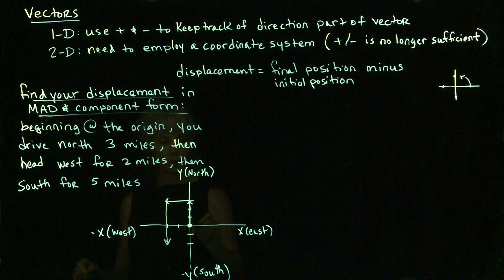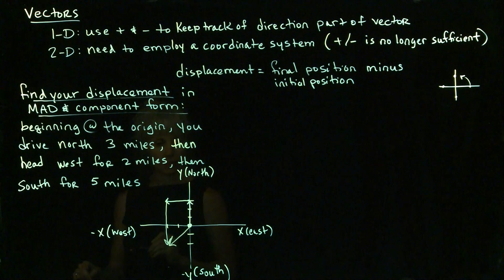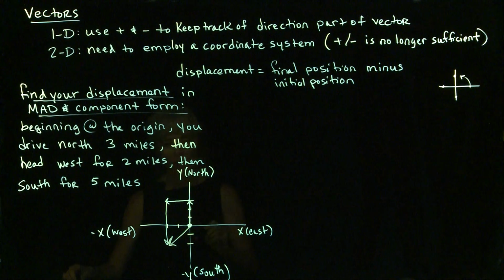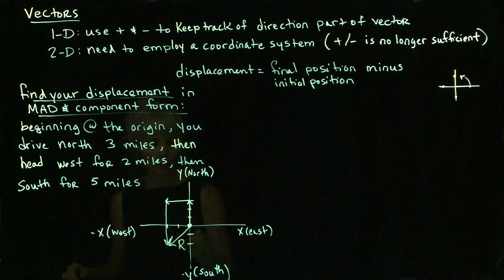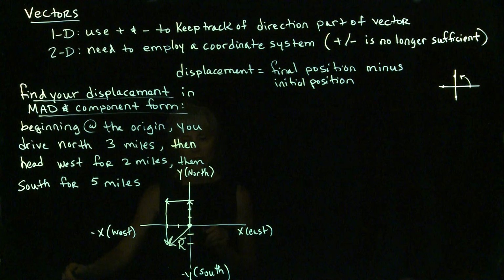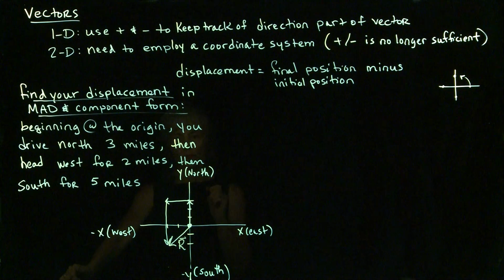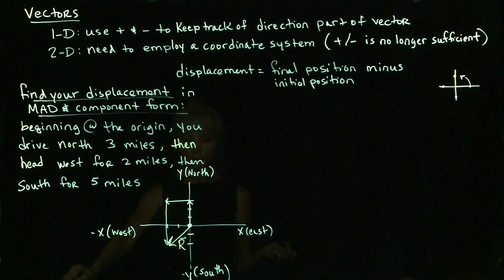So our total displacement then can be represented as that vector right there. So that's the total displacement, or vector R, the resultant vector. The resultant vector is the addition of these 3 displacements along the coordinate axes. So let's see if we can describe vector R in both component form and in MAD form.